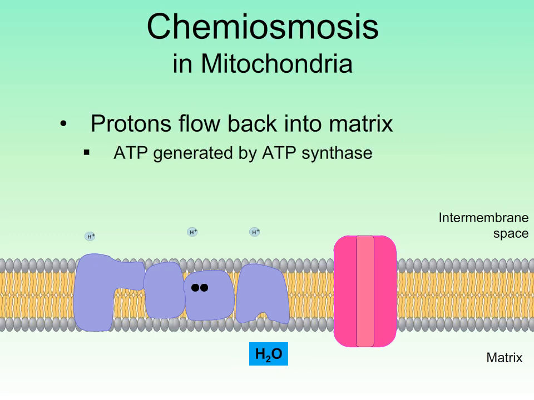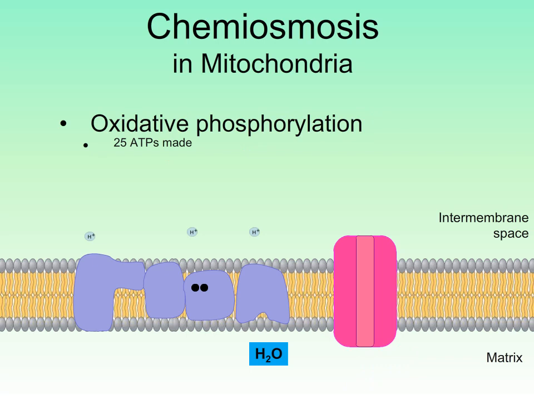Back to those protons in the inner membrane space. The only place the protons can diffuse back into the matrix is through an enzyme called ATP synthase. As they flow through ATP synthase, the enzyme makes ATP. The flow of protons through ATP synthase is chemiosmosis.